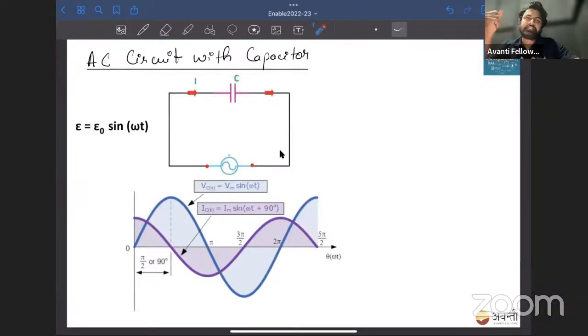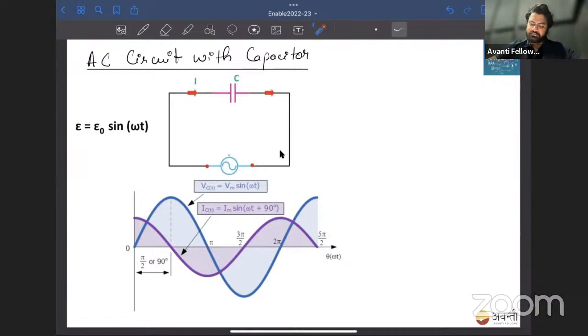So capacitors, in capacitance, I think you have learned the equation of current in a capacitor. Correct? कुछ याद आ रहा है? Try to remember. There were 2 equations: voltage of capacitor and current of capacitor, how they vary with time. है ना? Initially the capacitor will behave like a wire, so initially the current will be maximum.